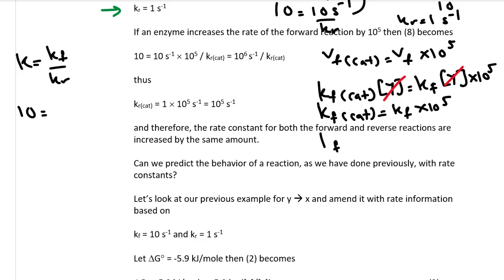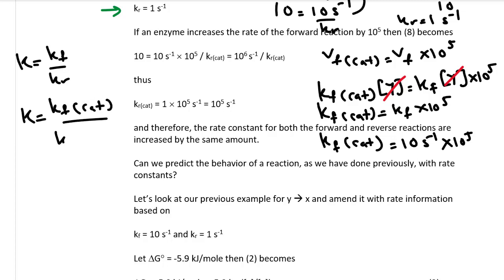So Kf cat equals 10 per second times 10 to the 5. Right? So the K for this equation for K will equal Kf cat over Kr cat. And we just figured out Kf cat, and we know K is 10, so 10 equals Kf cat, which is right here.